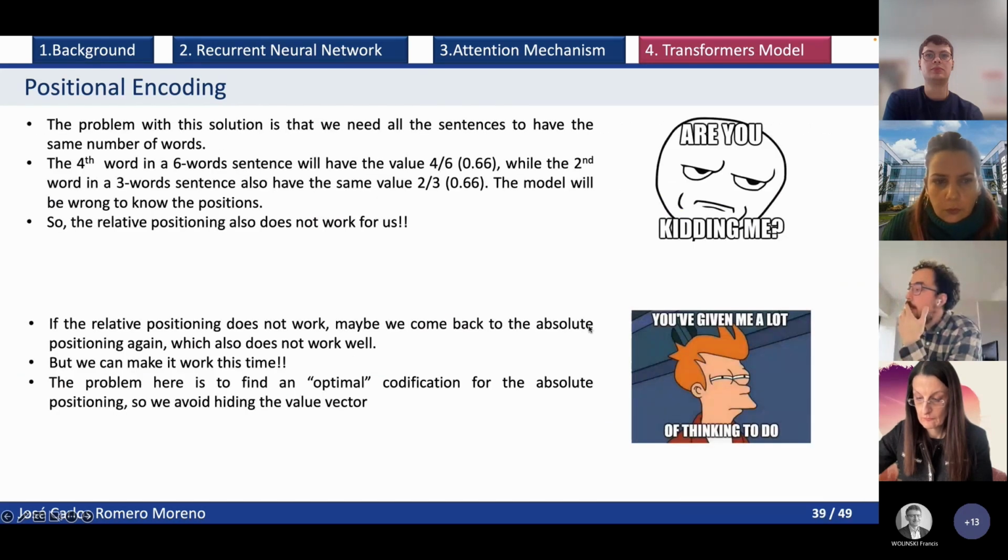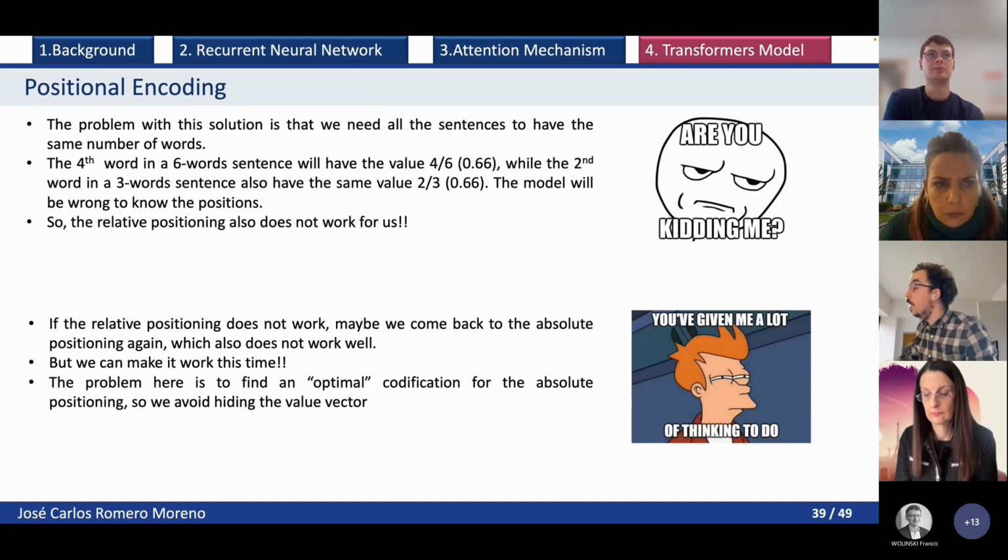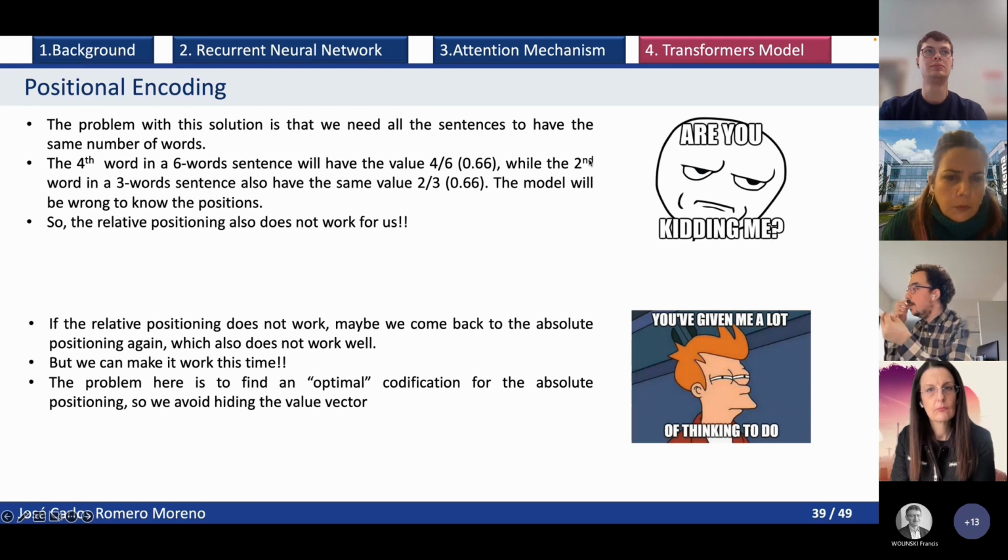But this relative positioning also has the disadvantage that maybe I don't know before the size of my text, the length of my sentence. Or maybe if I'm computing a paragraph with different sentences, each sentence may have a different length. So I cannot assign a global length, because for example, for a 6-word sentence, the 4th word has this value. But in a 3-word sentence, it also has the same value, but for a different position. So it's not an accurate position.